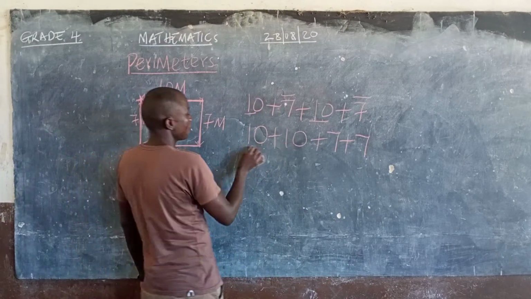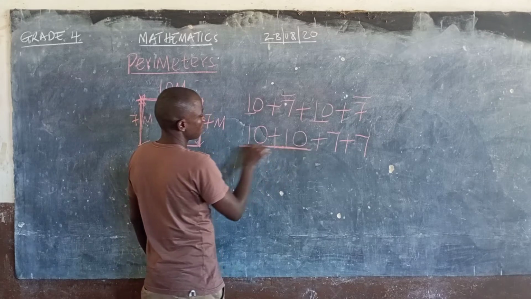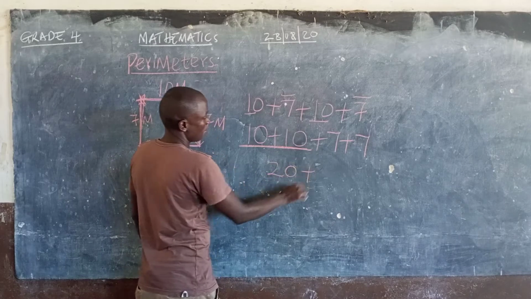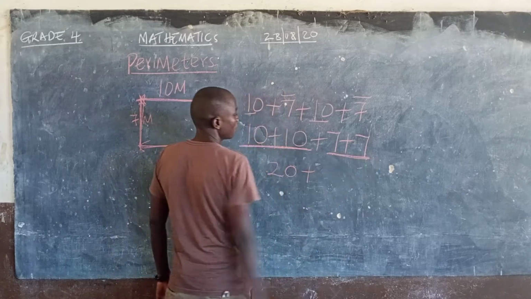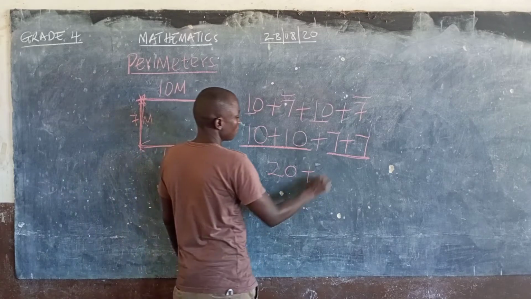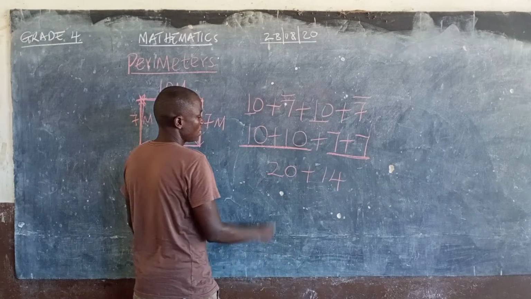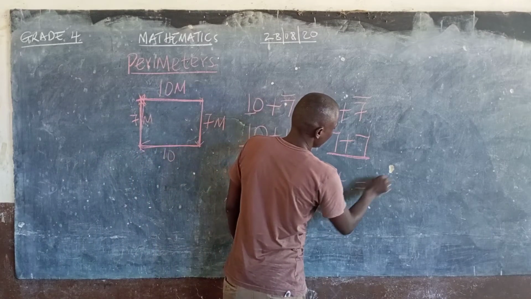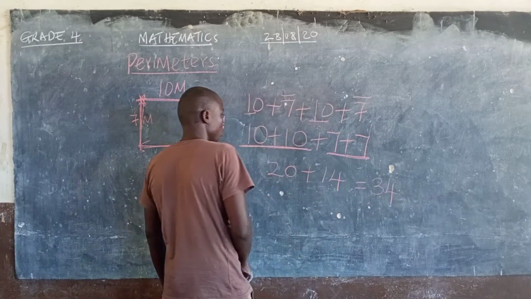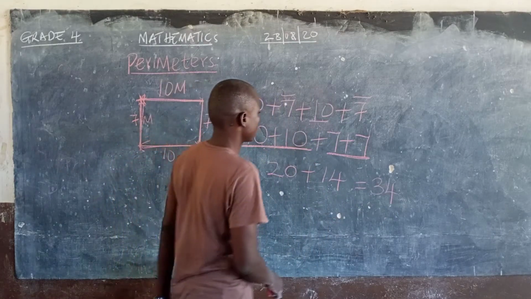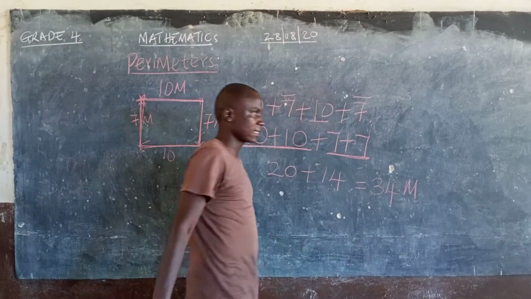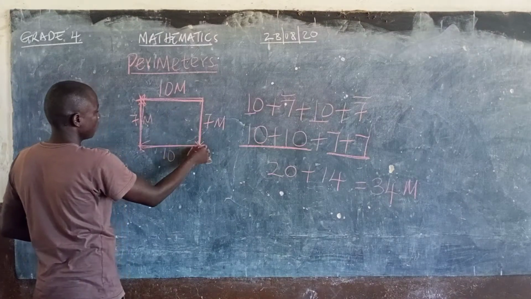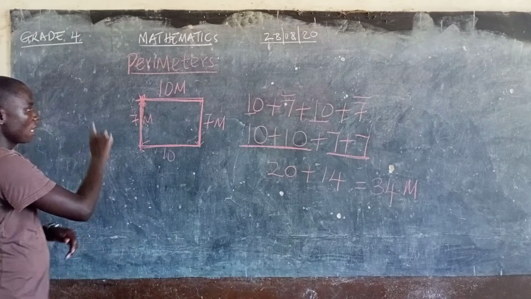Add 10 plus 10, what do you get? 20. 7 plus 7, we get 14. Now add them: 20 plus 14, we get 34. I'm not going to include the unit here, but what unit is it? Meters. You get 34 meters as your answer. Hence, the perimeter of our figure is 34 meters. It is 10 plus 7 plus 10 plus 7 to get the distance around the whole figure.